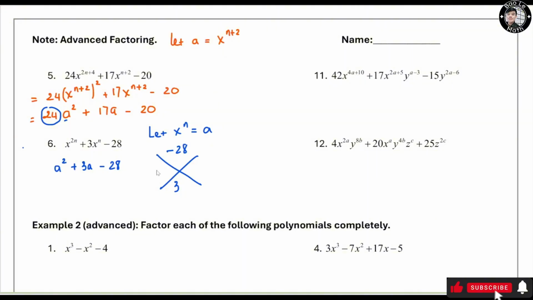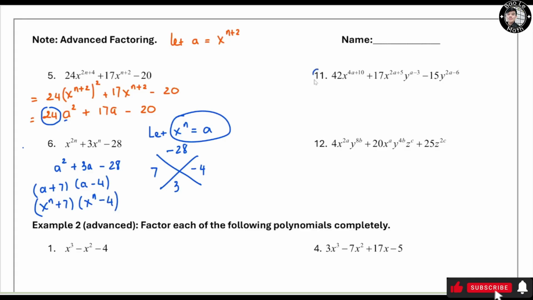They are 7 and negative 4. So we have a plus 7 times a minus 4. The leading coefficient is 1, so we don't have to worry about this one. We just plug this one back, so it can be s raised to the n plus 7 times s raised to the n minus 4.